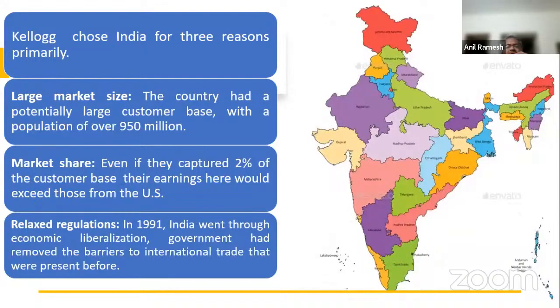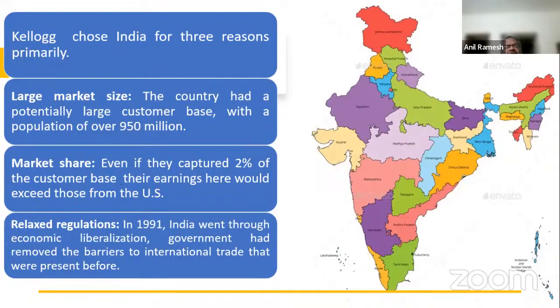So I'm now giving you a broad idea of why Kellogg's chose India. It chose it for three reasons. The large market share. As you all know, India is a huge country. It is the seventh biggest in the world and now has the most people. It's the most populous country in the world.